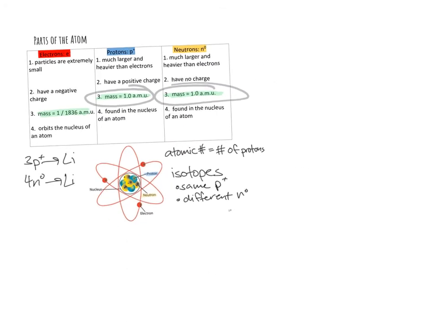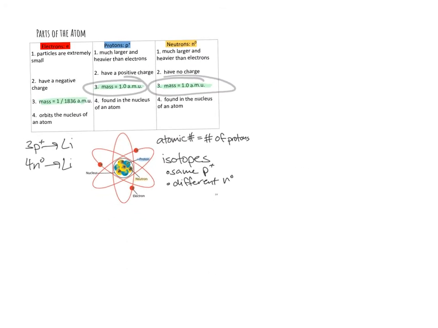Now, something else that's important in a specific atom is its mass number. A mass number is basically just the mass of the atom. But how you find that is based only on protons and neutrons, because those are the only things that have a mass big enough for us to care about.